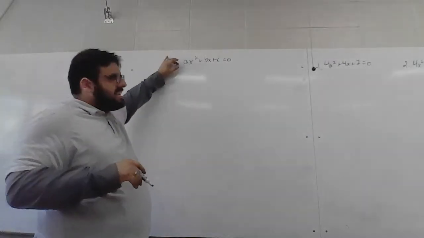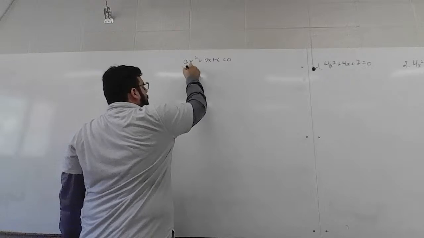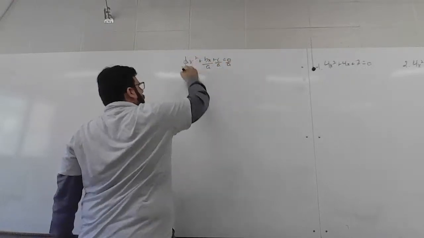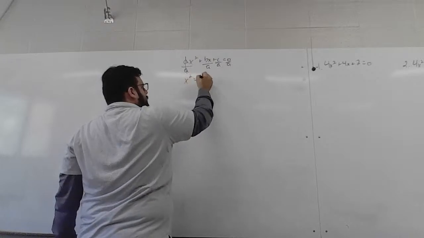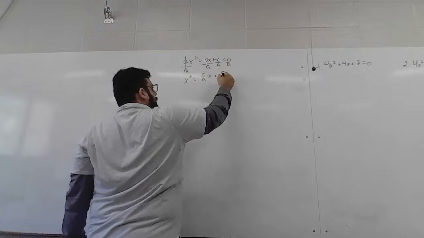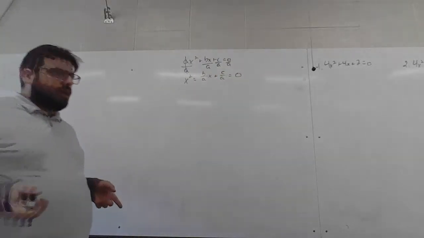Let's just assume that a is anything other than 1 or negative 1. So I'm going to divide that out here, here, here, and here. The a's cancel out: x squared plus b over a times x plus c over a equals 0. So first step of completing the square, done.